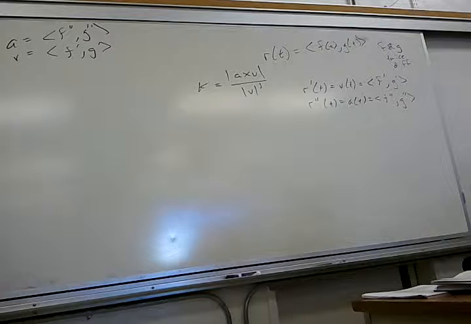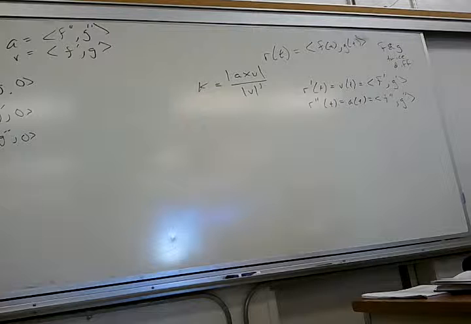So actually my r is truly f, g, 0. My r prime or v is f prime, g prime, 0. And my a is f double prime, g double prime, 0. And now you can throw it into the matrix, and it'll actually make sense.